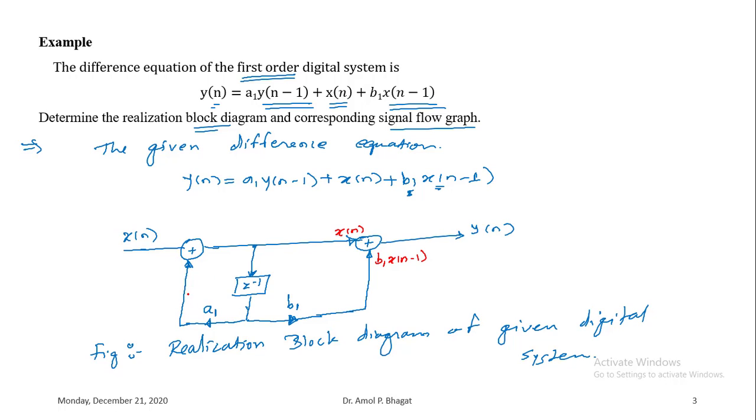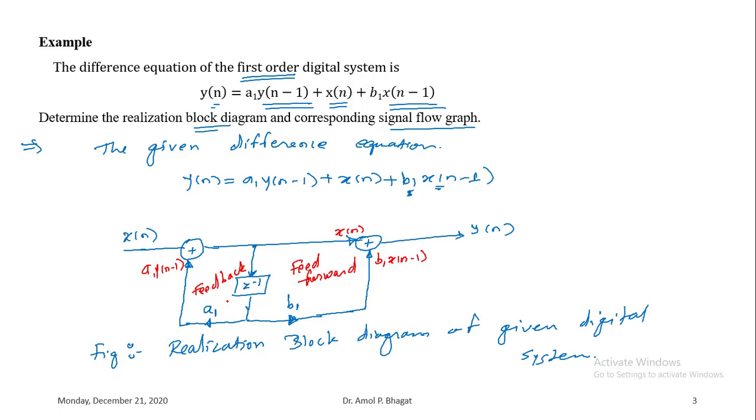To this particular adder the input is a1 y of n minus 1, because it is feedback. This output will be fed back here, while this is the feed forward. Forward direction arrows are there, and here they are backward direction arrows.